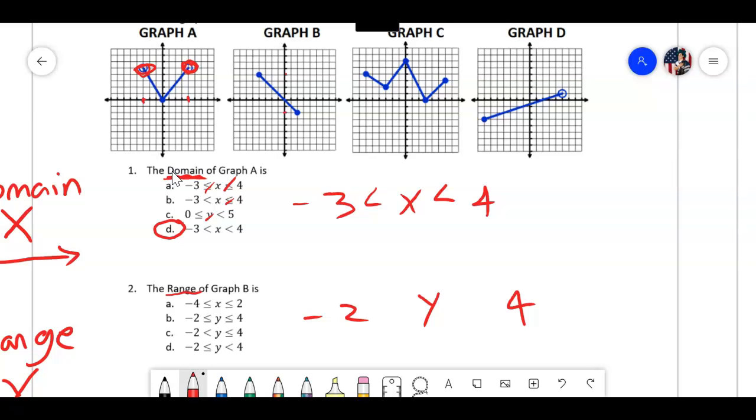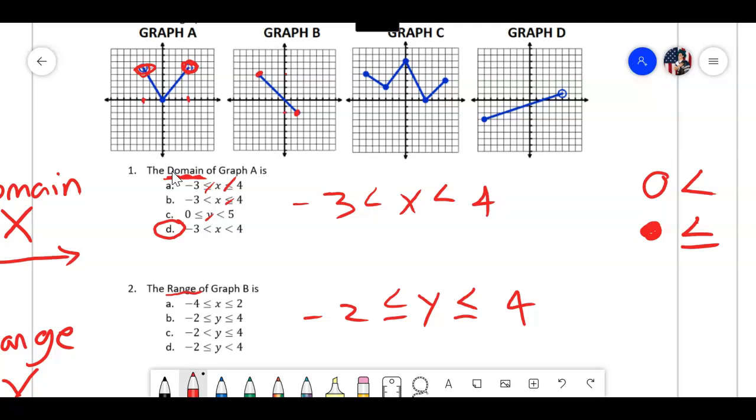Now let's look at these endpoints. The endpoint at the bottom is shaded in, and the endpoint at the top is shaded in or solid. So that means both of these less than signs are also going to be equal, so you underline them, okay? So remember, open is not underlined, shaded in is underlined, right?